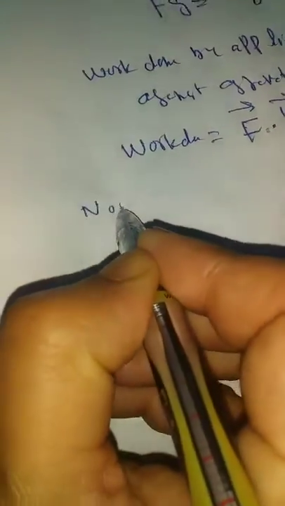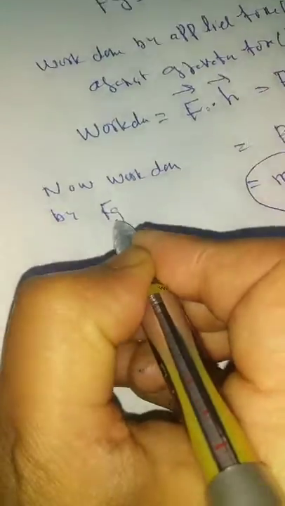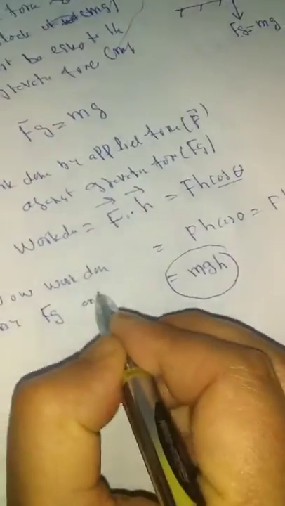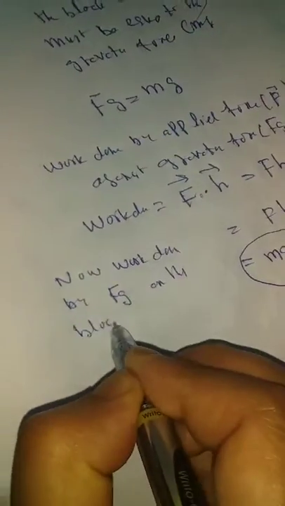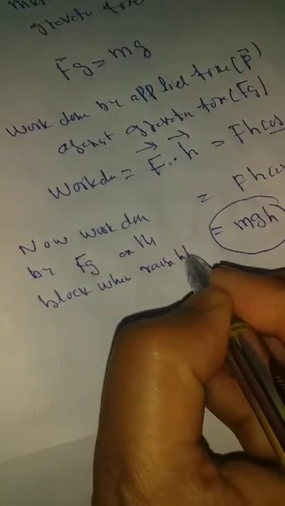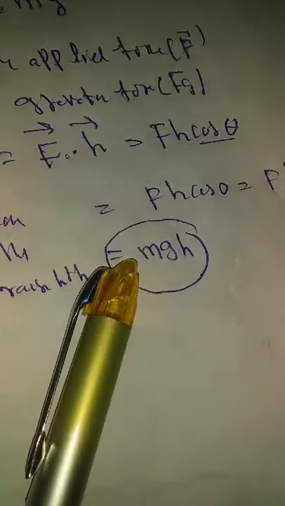Now, work done by gravitational force. The gravitational force Fg is coming downward, Fg on the block when raised to height h. This is the value of the applied force.